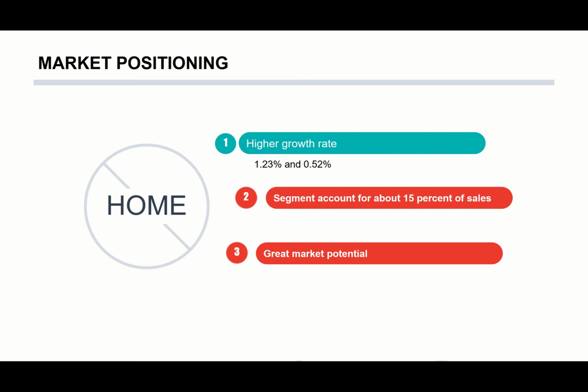In addition, the market share is 50%. If we operate properly, the company's profits will be relatively impressive. We predict Home will still be growing in the future, so we choose domestic as our target market.